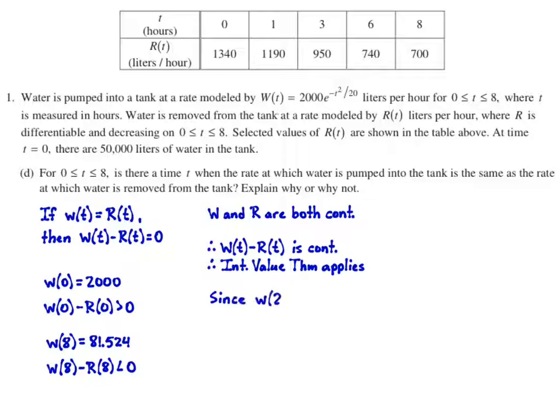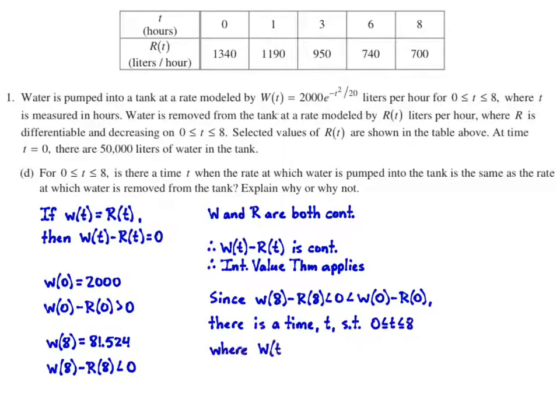Well, since w of 8 minus r of 8 is less than 0, and w of 0 minus r of 0 is greater than 0, we can say that there is a time t such that w minus r must equal 0. And then as a result of that, since this statement is true, we can add r to both sides, and therefore we can say that w of t equals r of t, and therefore there is a time when the two rates are equal to each other.